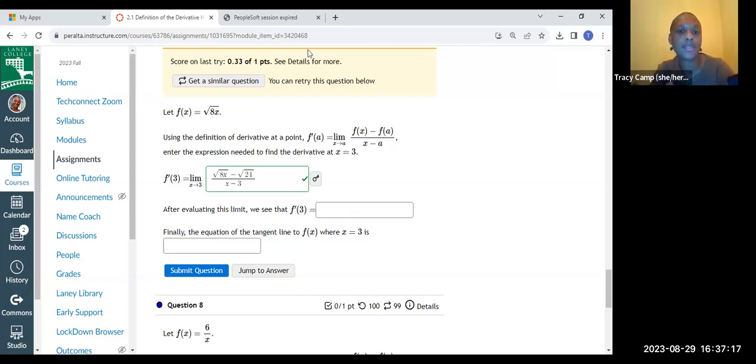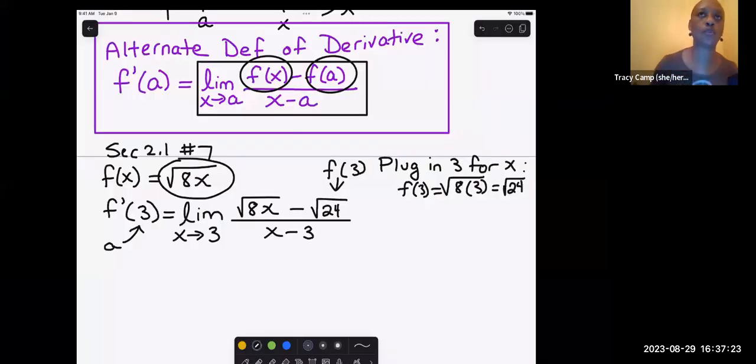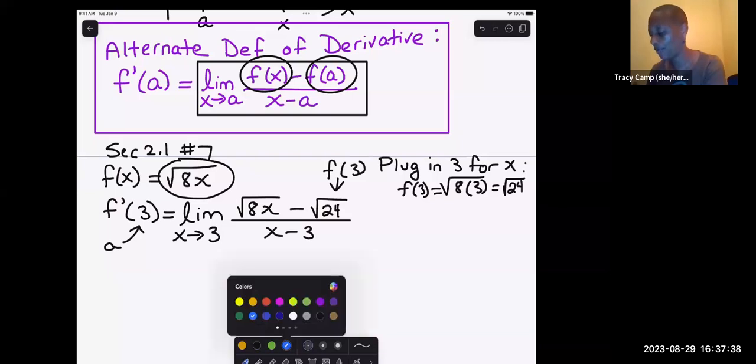Now our job is to actually evaluate this limit, which means we're going to use the techniques we used in section 1.2. Notice that here we have a radical.